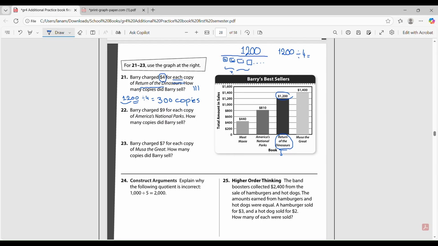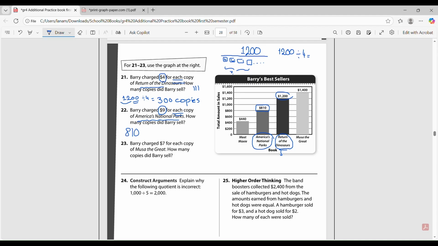Question 22. Barry charged $9 for each copy. So I have another number of copies for another book. The title of the book is America's National Parks. He sold a number of copies, and the amount of money that he received was $810.